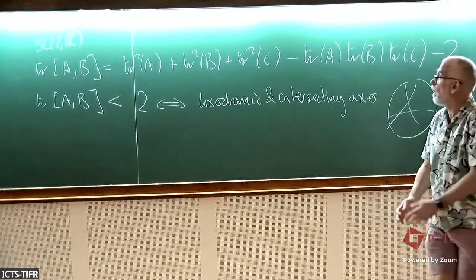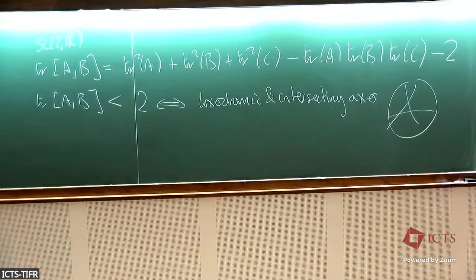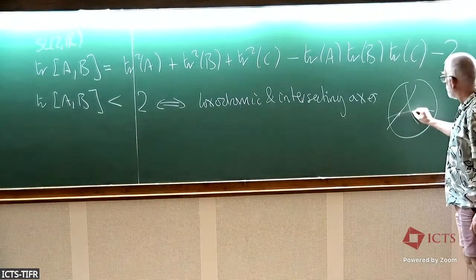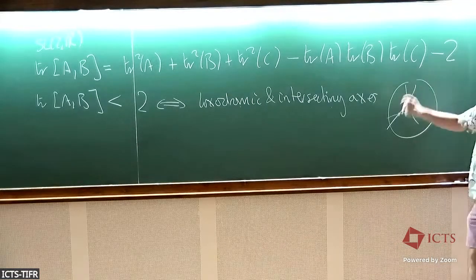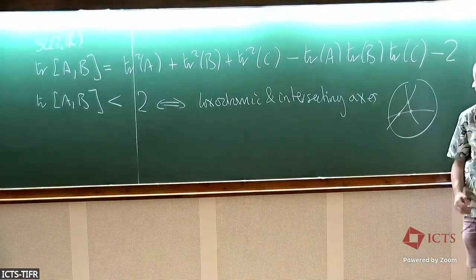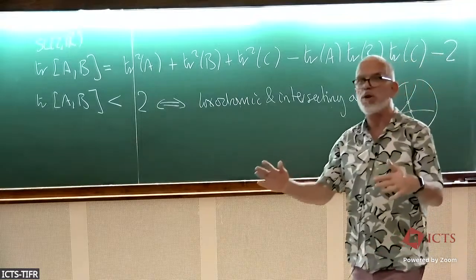Whereas if trace of AB is bigger than 2, then there's all sorts of different cases that can arise. Maybe the key thing here is that this group is an index 2 group in a group generated by 3 half turns, but if trace of A is bigger than 2, it's an index 2 group in a group generated by 3 reflections.